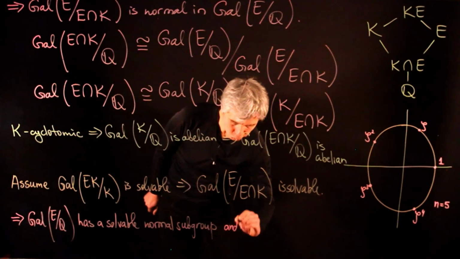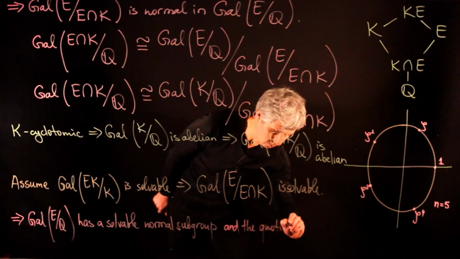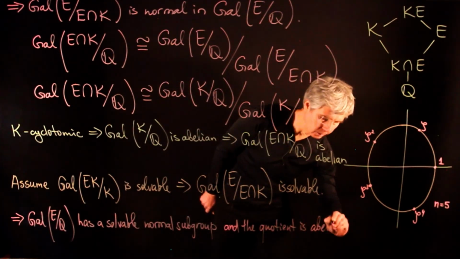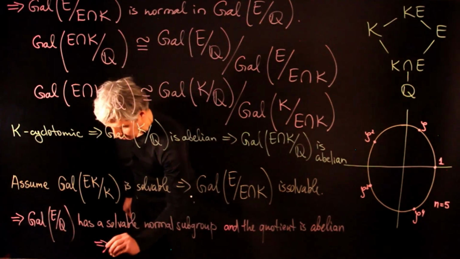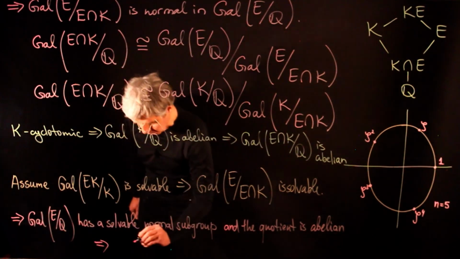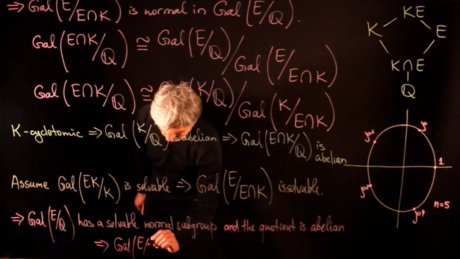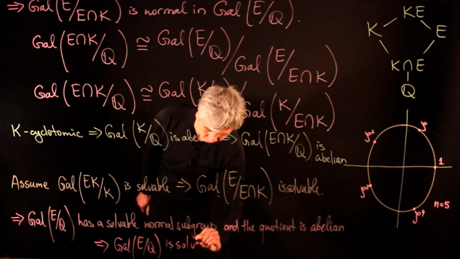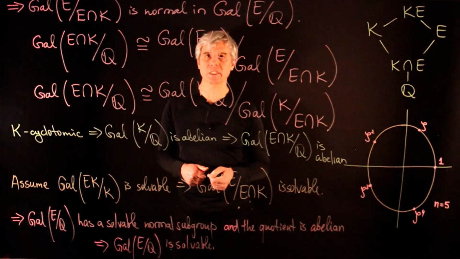And the quotient is abelian and thus solvable. And this implies that the whole group, so the Galois group of E over Q, is solvable. And this completes the proof of the proposition.